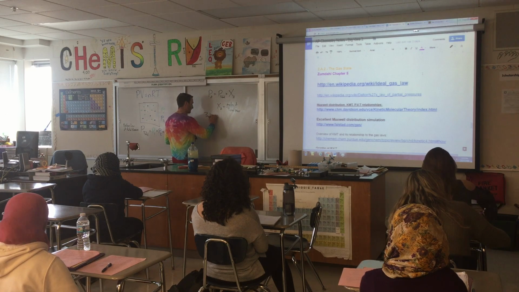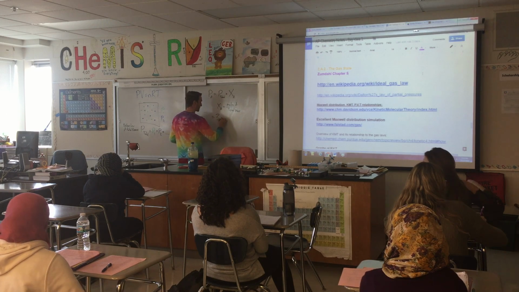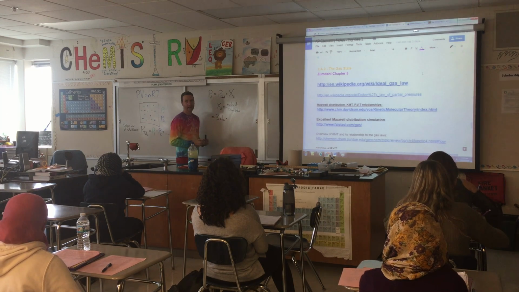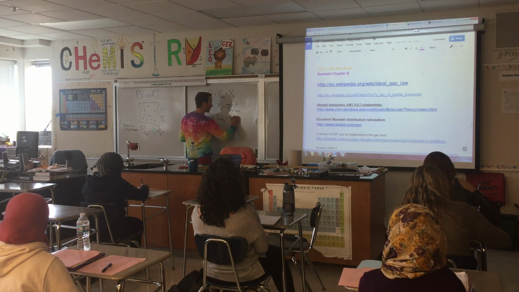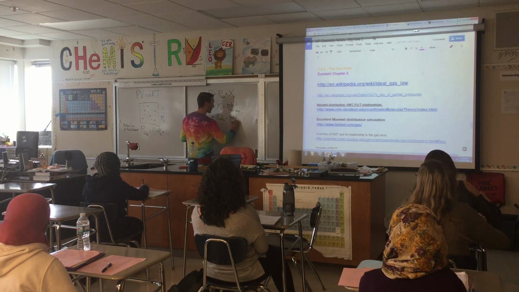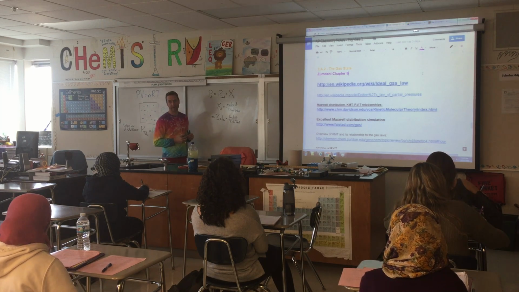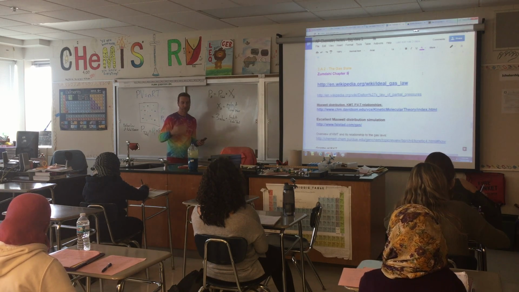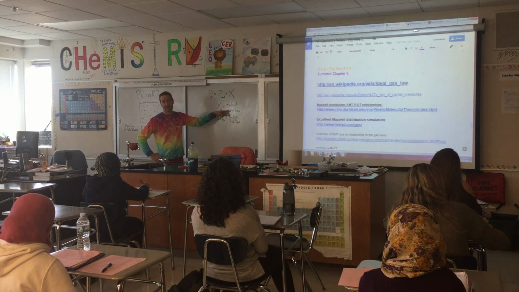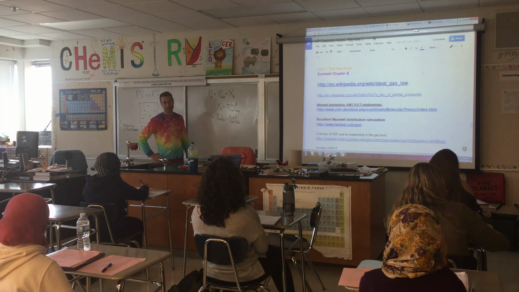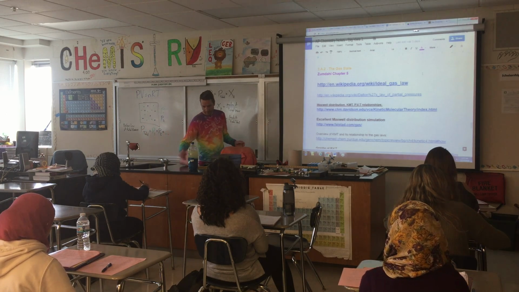If the total was 3 atmospheres, and let's say 1/3 of all of the atoms in that container were A, 1 mole of A for every 3 moles total, that's going to give us a partial pressure of A of 1 atmosphere. Okay? So the partial pressure of each component is proportional to how many moles there are in there. Right? The mole fraction, if you will. Okay? That's pretty straightforward.